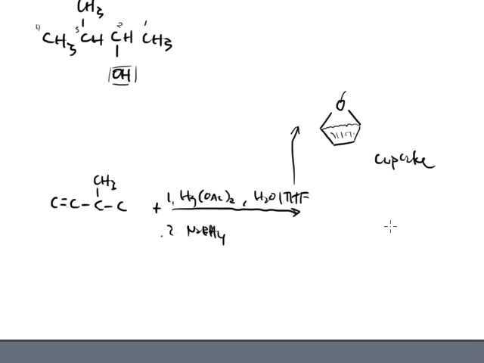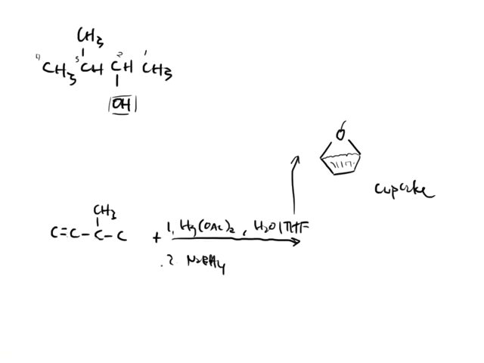They really do like for you to draw THF and get familiar with THF. It's one of those solvents that we use all the time. You're going to see that this is not the only time that we're going to use THF in a series of reactions. It's going to come around multiple different times. So now you're a little bit more familiar with the structure of the THF molecule.